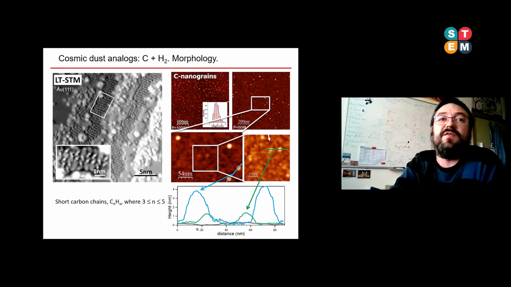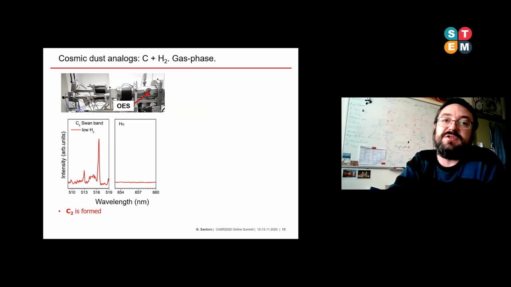So we have performed a much more powerful microscopy, scanning tunneling microscopy. And we have observed that in these regions we have some kind of molecules that we start to resolve, that we identified as short carbon chains with 3 to 5 atoms of carbon. But which is the chemical process that leads to this?